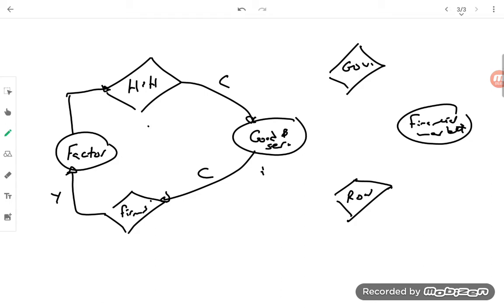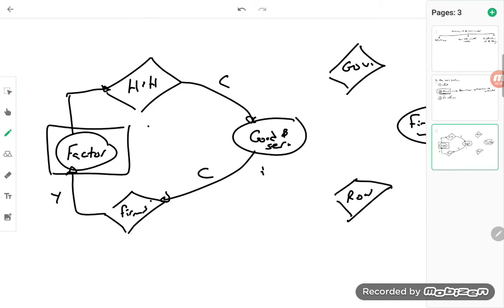So this part is related to answering the three main questions. Now we are going to focus mainly on the factor market, as labor market is factor market. Okay, so let's move on to the first part of our chapter, which is the labor market basic concepts and definition.